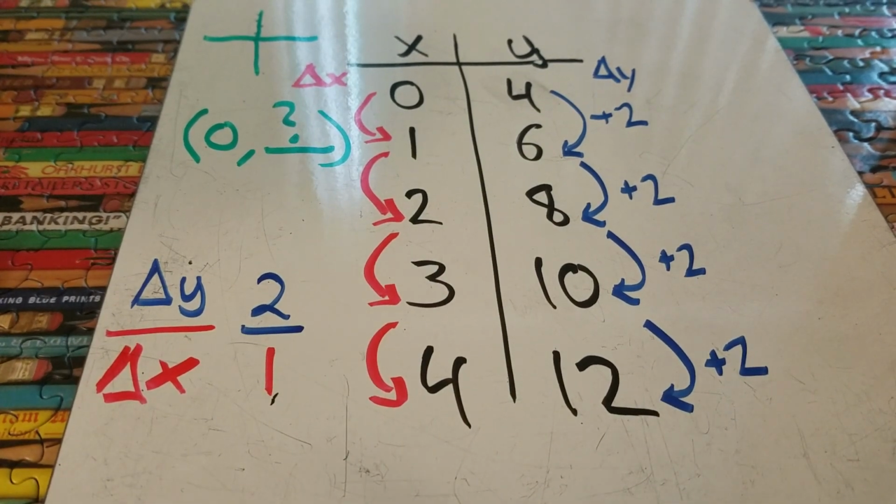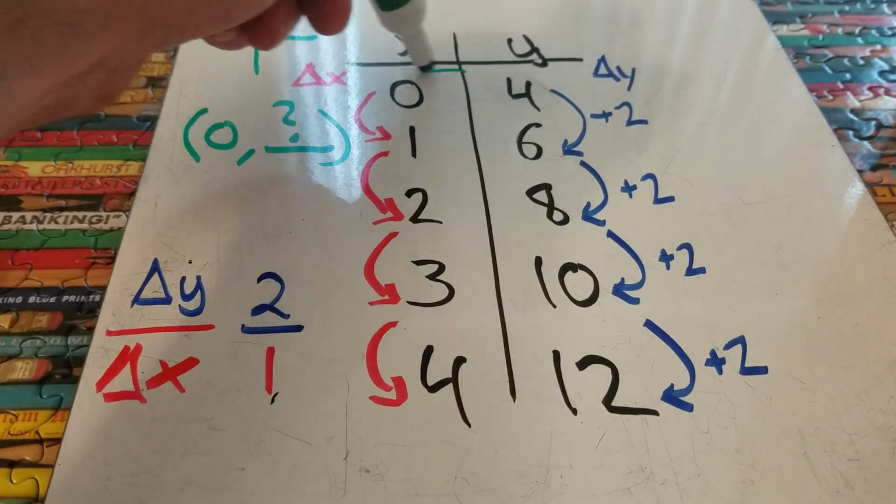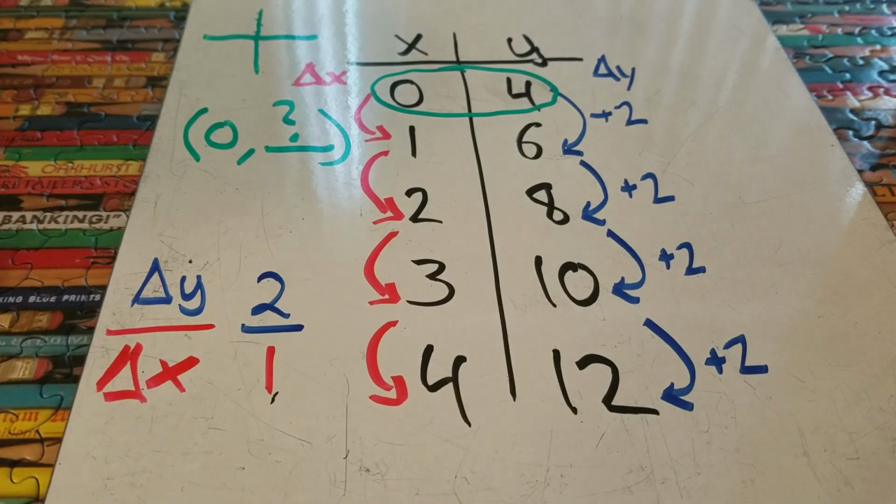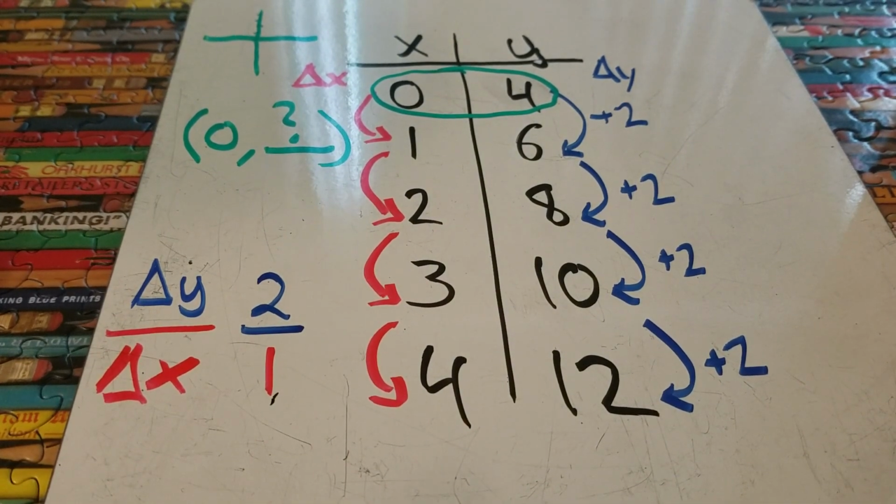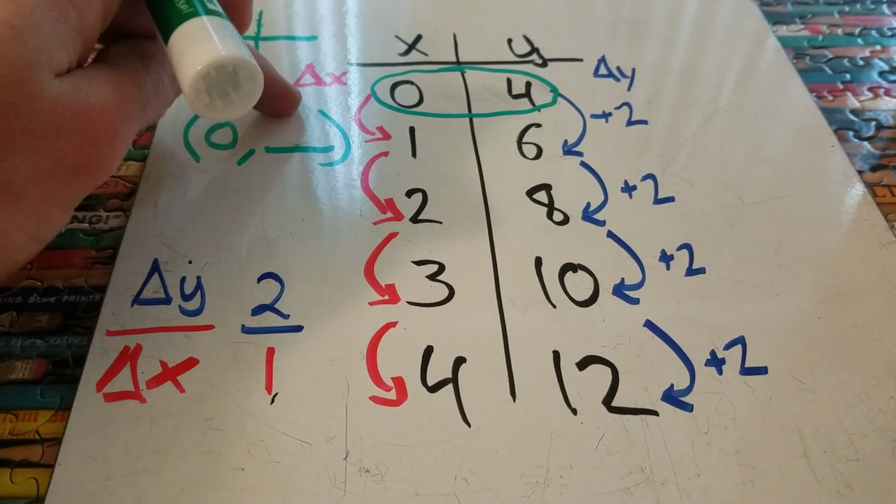All the coordinates on the y-axis are 0 something. If I look at my table, I see right here the point 0, 4. My line's going to go through that point. So that point 0, 4 is my y-intercept.